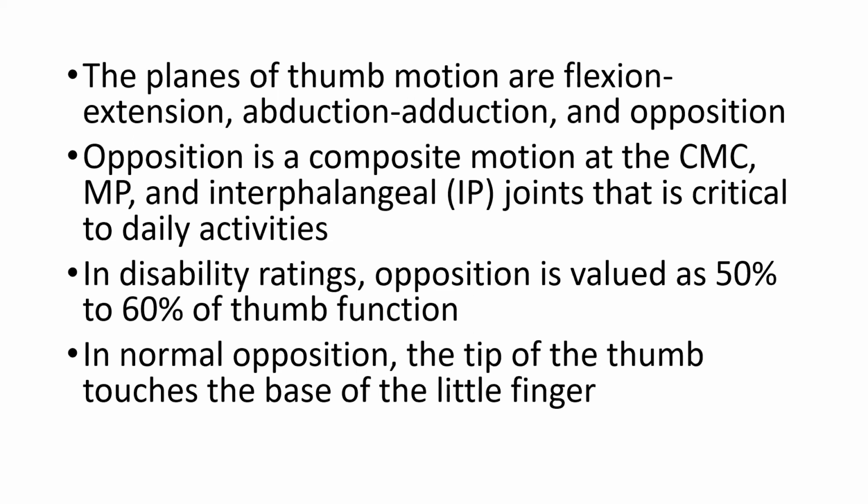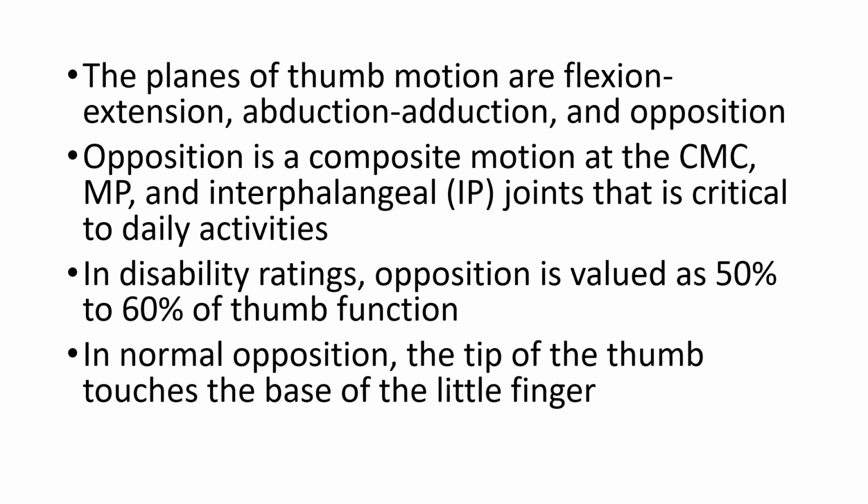The planes of thumb motion are flexion, extension, abduction, adduction, and opposition. Opposition is the composite of motion of the carpometacarpal joint, metacarpophalangeal joint, and interphalangeal joints that is critical to daily activities.